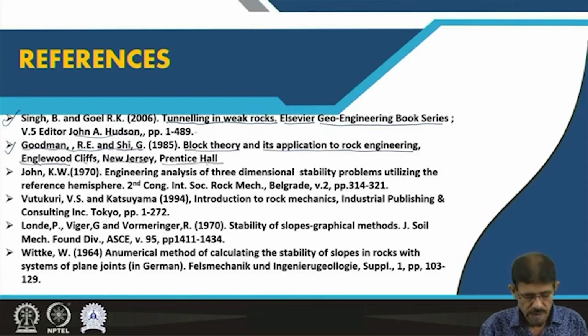Prentice Hall is a good book for different rock mechanics related problems, as well as the development of this concept available in this book written by Goodman, and this paper is fully devoted to it. Initially, block theory was proposed by John Kavey in 1970 in his paper Engineering Analysis of Three-Dimensional Stability Problem utilizing the reference hemisphere, presented in the Second Congress of the International Society of Rock Mechanics in Belgrade, available in volume 2, page 3142.